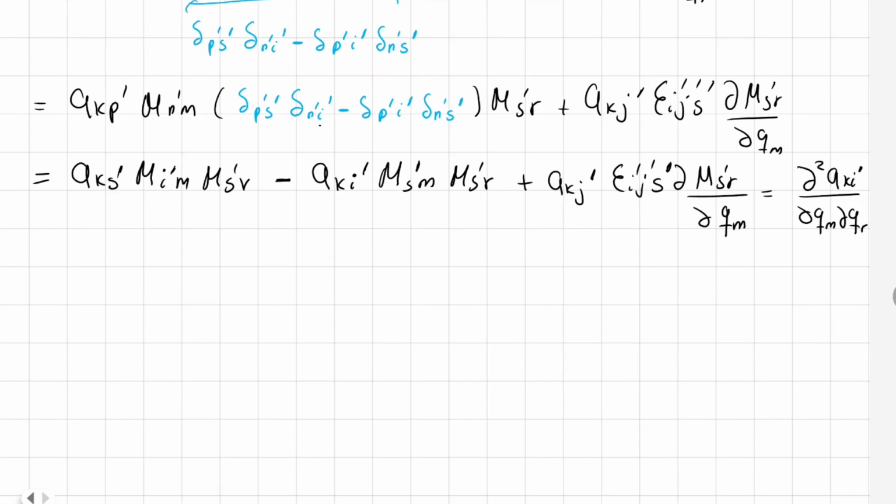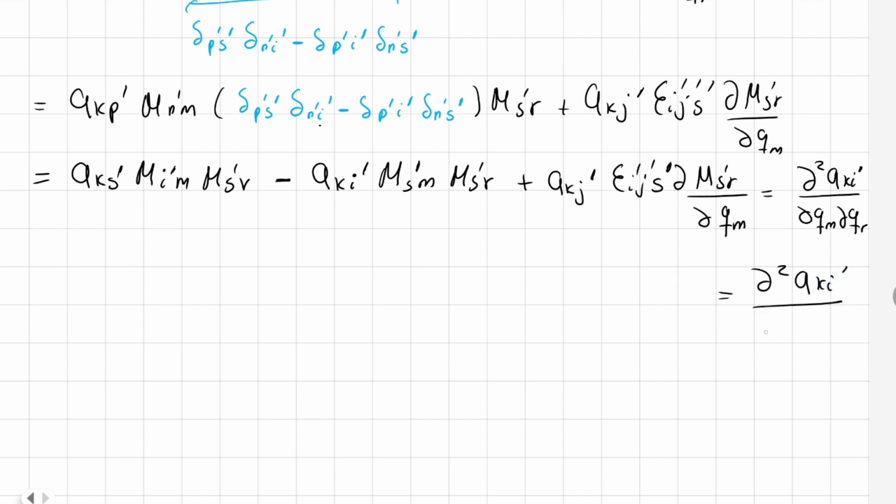Okay, perfect. So what we are going to do now is to calculate these two derivatives, but in a different order. We are going to take the derivative first with respect to Q M and then with respect to Q R. But since we are using index notation, it is going to be very easy because we just need to switch the Q for the R. In every step where we see an R, we are going to switch it for an M, and if we see an M, we put an R. So let me write this.